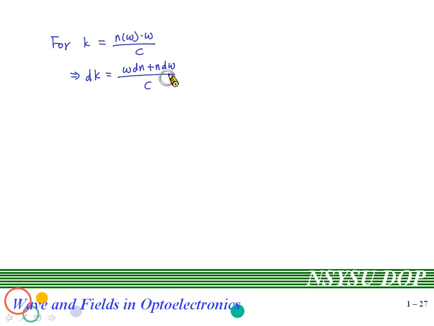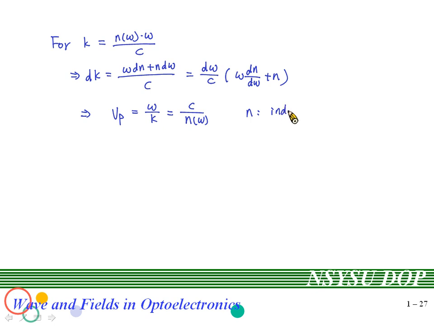Then we take the common term out here, and we have omega times dn over d omega plus n inside. Then we can re-express the phase velocity, which is defined as omega over k, in this way: c over n, where the n value is a function of omega. And I have mentioned before that n is the index of the material.